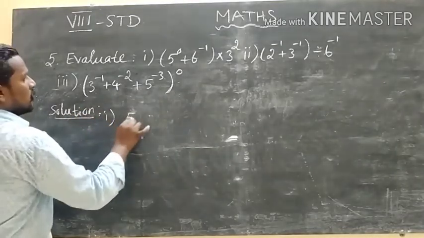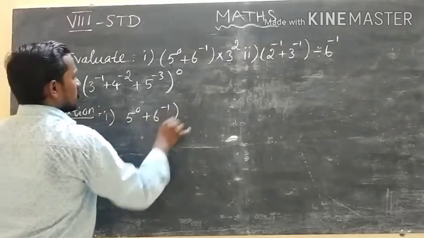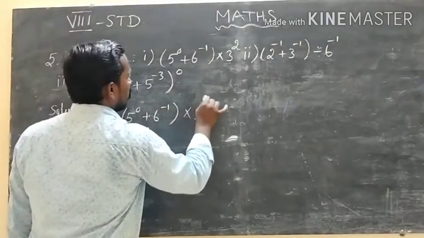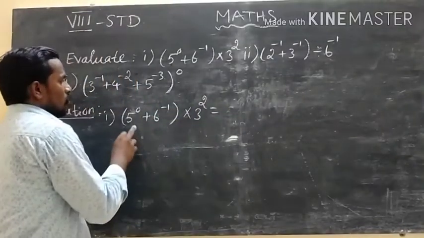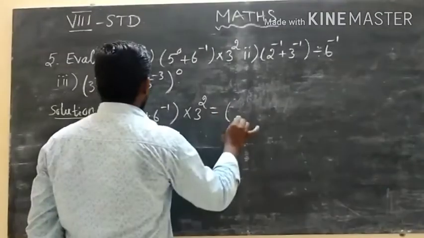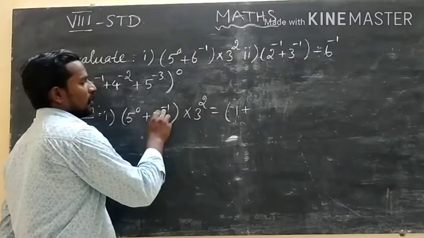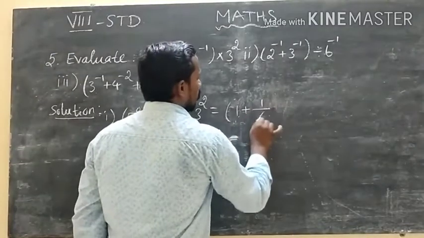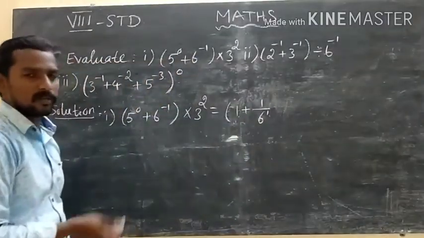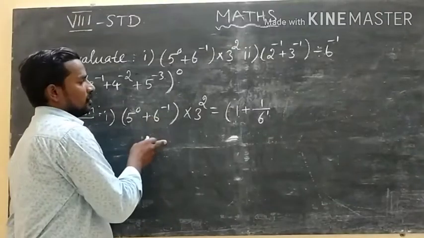First question, (5^0 plus 6^-1) into 3^2. Any number power 0 is 1, plus 6^-1, which is 1 divided by 6^+1, making the transformation using the negative exponent rule already known.